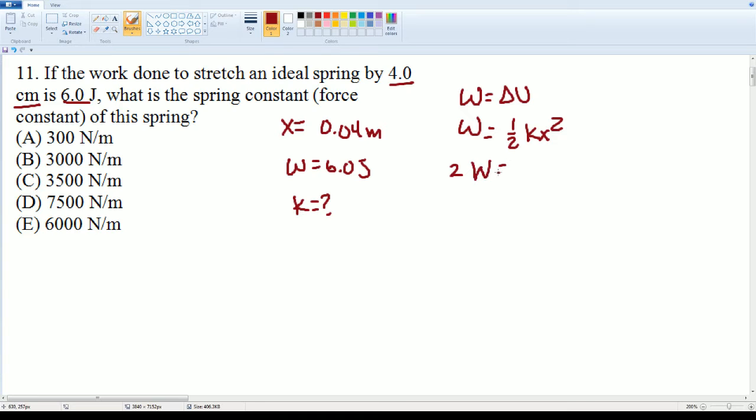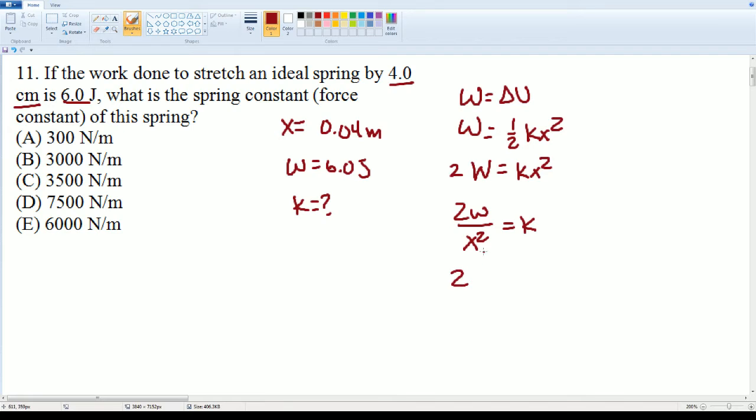So 2W is equal to kx squared, divided by x squared. Sorry, I'm looking for the spring constant, so divide by x squared. Yeah, this looks right. Let's see if it works, because that's the derivation for it.